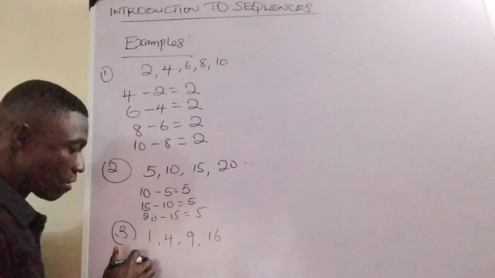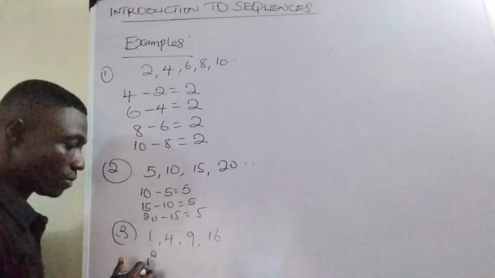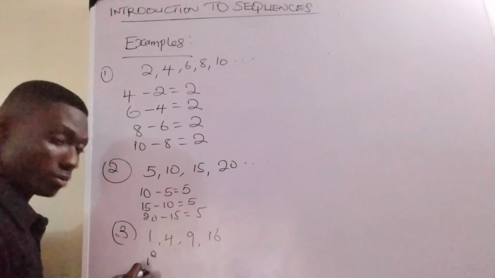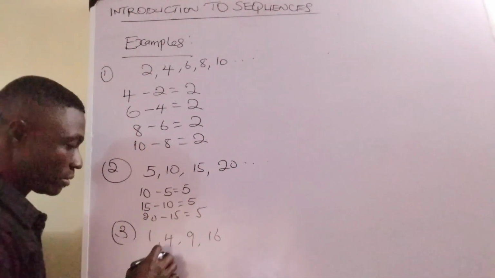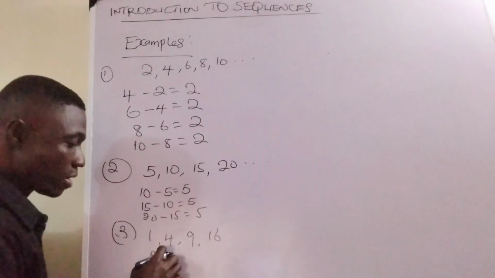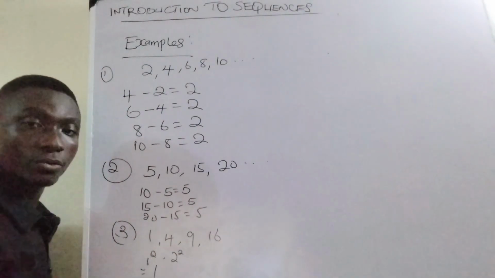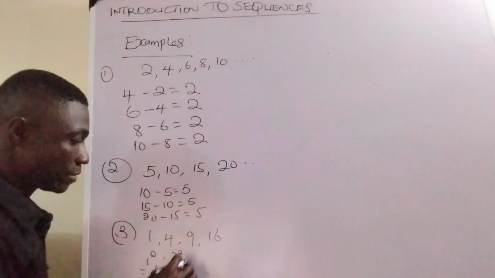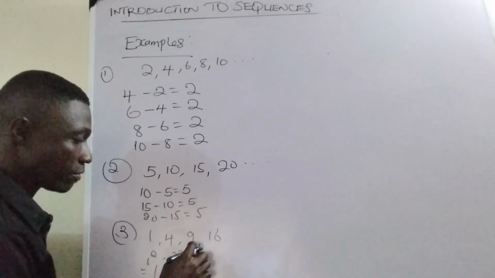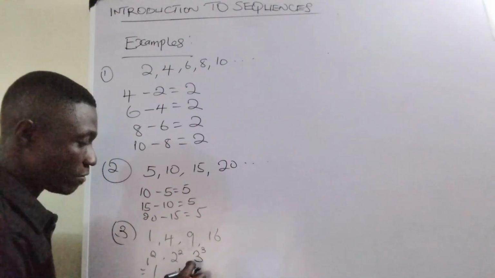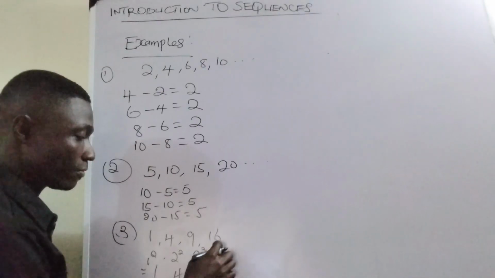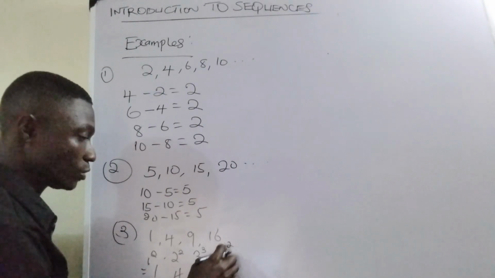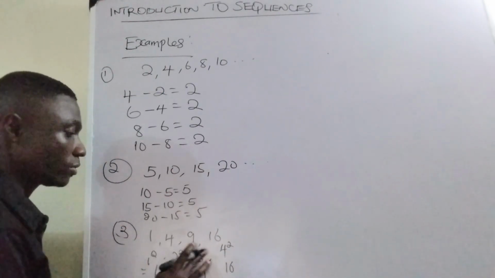The square of 1, 1 raised to the power of 2, is 1. 2 raised to the power of 2, which means 2 times 2, gives us 4. 3 raised to the power of 2 will give us 9, and 4 to the power of 2 will give us 16.